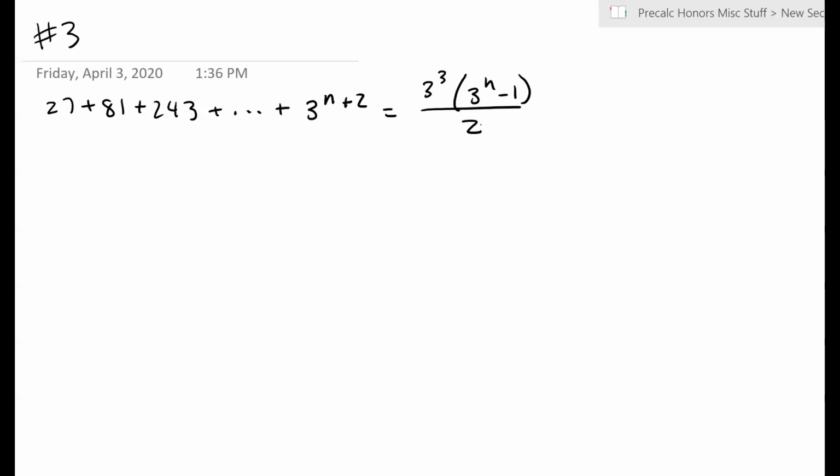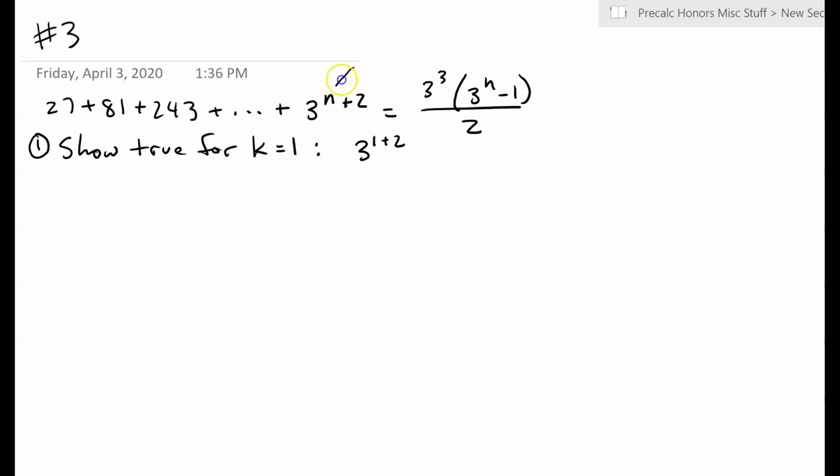So a lot of times the hard part about these inductive proofs is really just the algebra manipulation in step 3. But usually if you stick with it, you'll figure it out. So for step 1, we want to show true for our value of k equal to 1. So we've got 3 to the 1 plus 2.